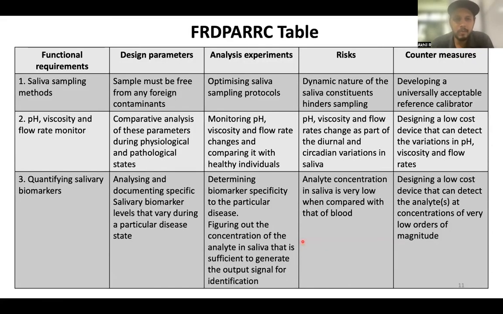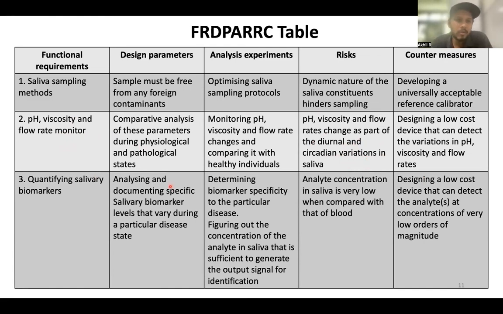So we developed this table starting with saliva sampling methods, and then we checked for the pH, viscosity and the flow rate monitor, that is the physical parameters, and what are the risks involved. Risks include the diurnal and the circadian variations in saliva, which are extremely difficult to calibrate.